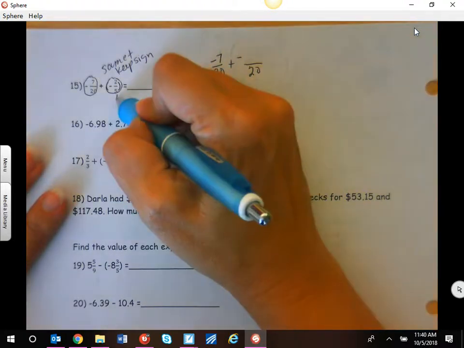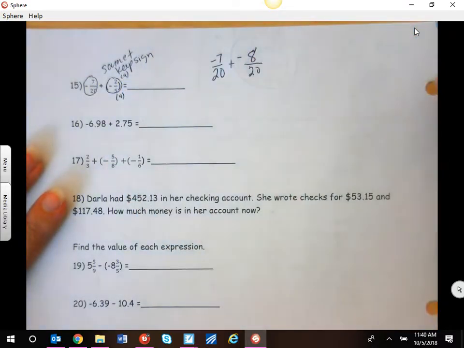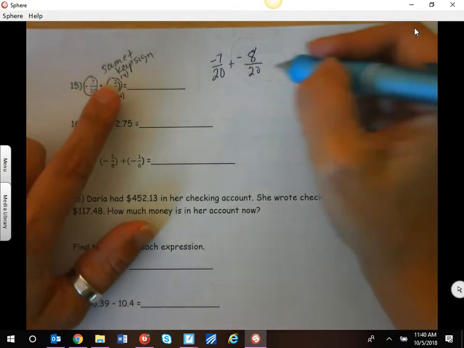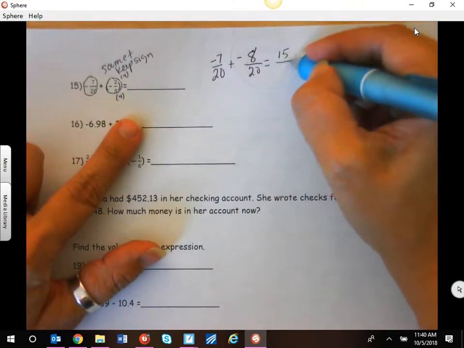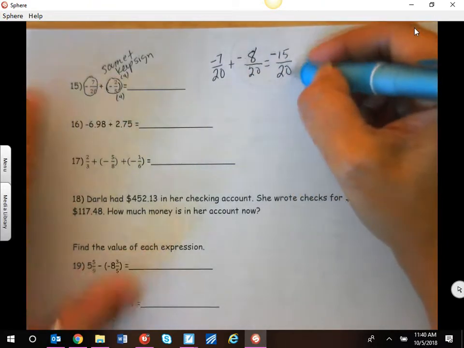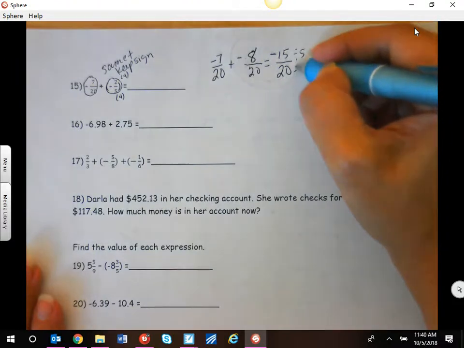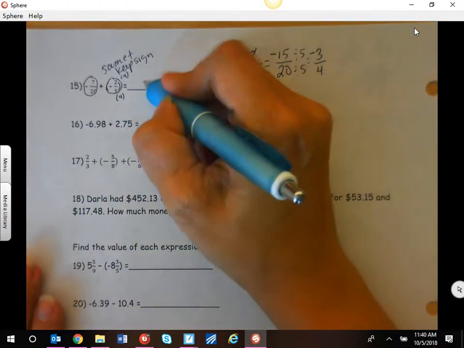So I'm going to say times 4 to get 20, so the top times 4 is an 8. And again, they're the same, so we're adding. 7 plus 8 is 15 over 20, and we're keeping that negative sign. Now, 15 over 20 does simplify by 5 to 3/4, and don't forget your negative.